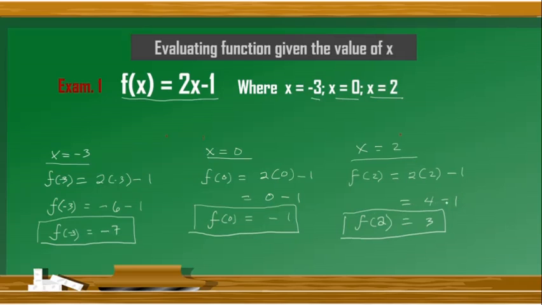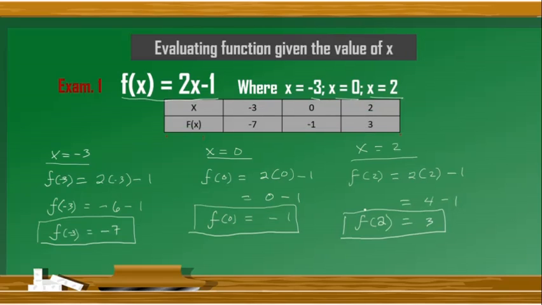If we plot this in a table of values, it will look like this. As you can see, when x equals negative 3, our f of x is equal to negative 7. If x is 0, our function is negative 1. Then, if x is 2, our function is 3.